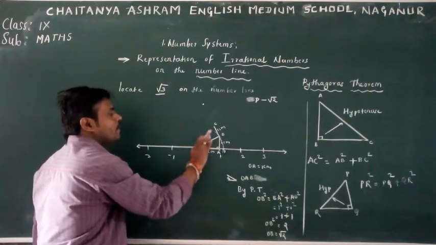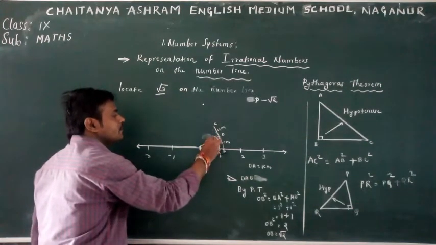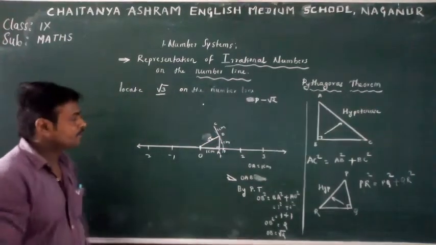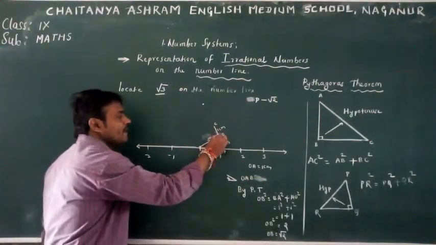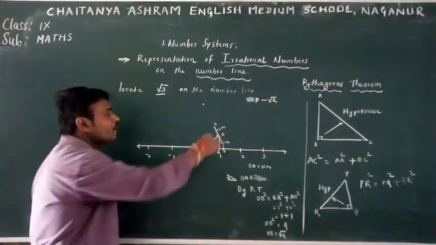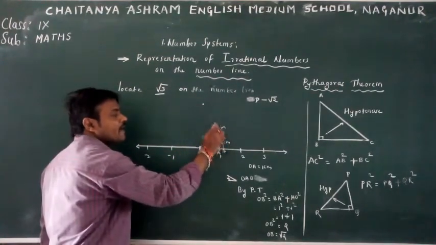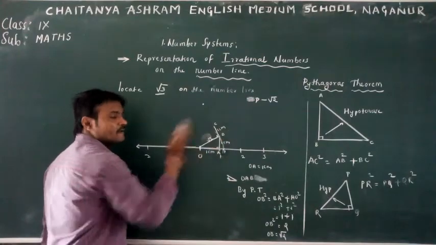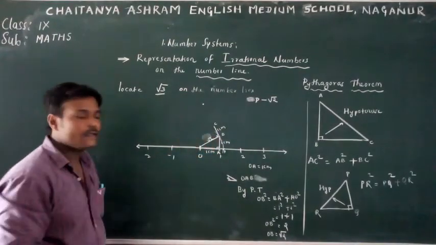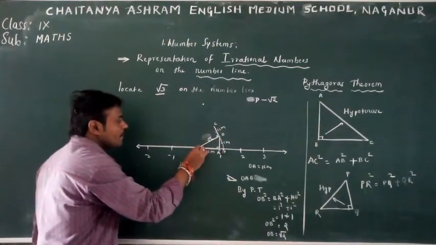Now this is root 2. Again, join here. What is the angle here? 90 degrees, because we made this line perpendicular to this line. Then join OC.